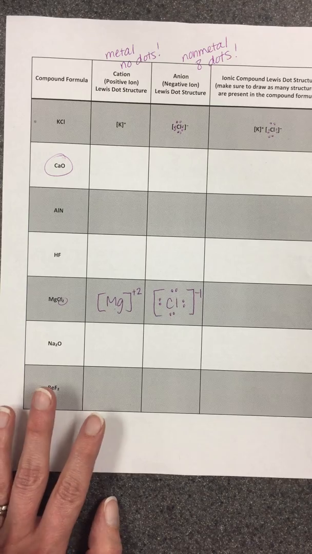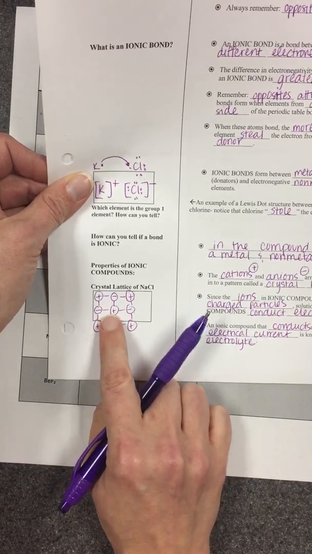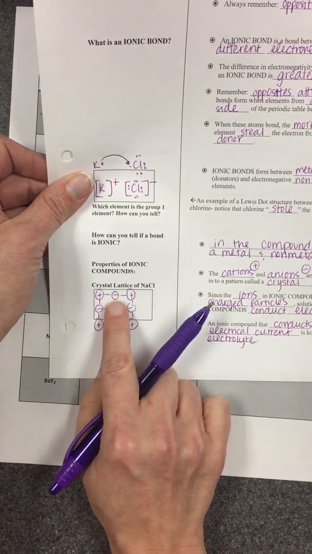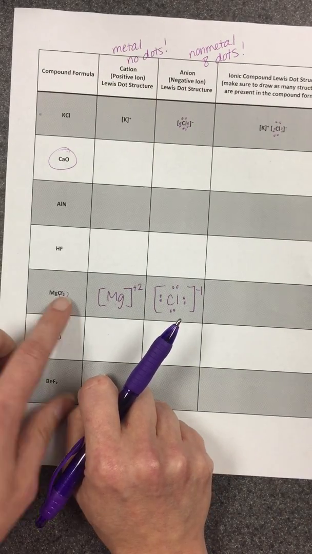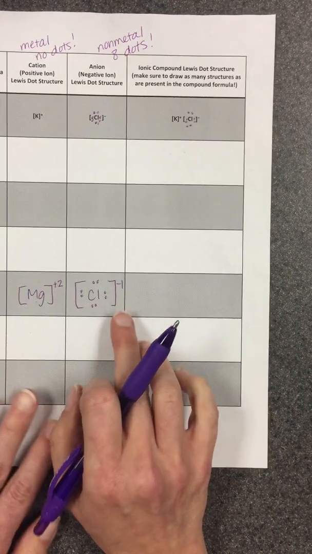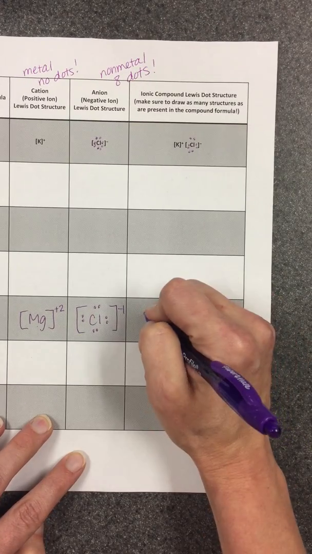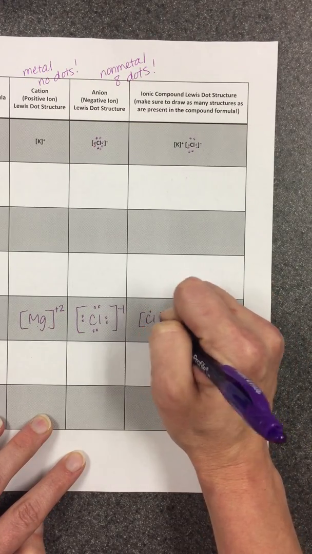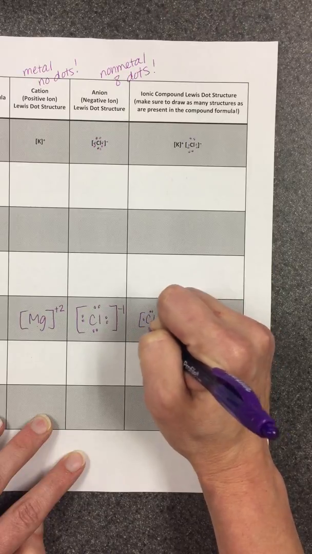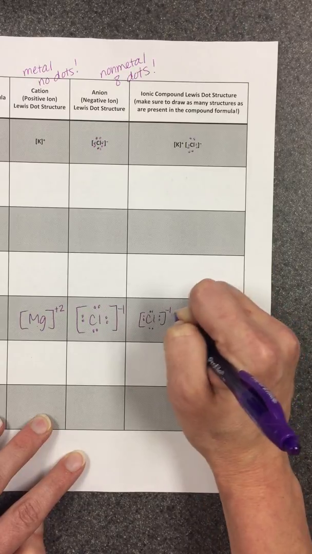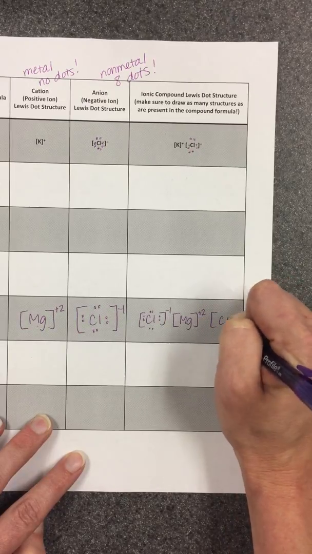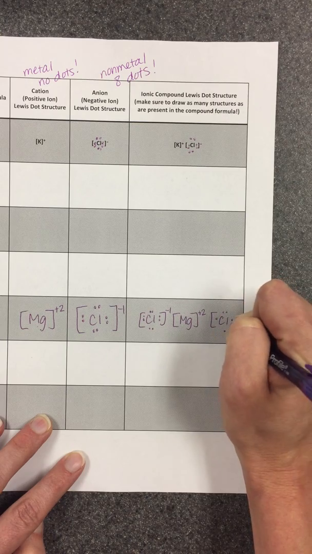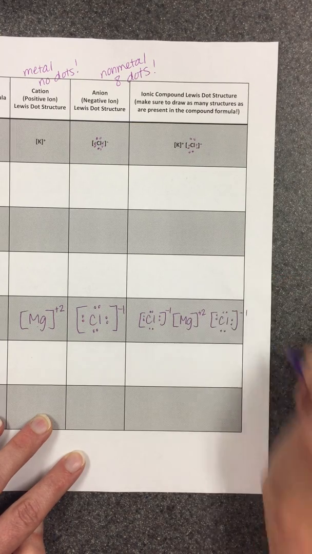So if we think about the crystal lattice structure that we drew in the notes, we have to make sure that we're alternating charge. It's either going to be positive, negative, or negative, positive, but we need to alternate. In this case, since we're going to have 2 chlorines, I'm going to alternate negative, positive, negative. So Cl -1, magnesium +2, chlorine -1.